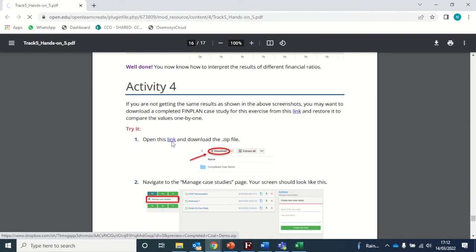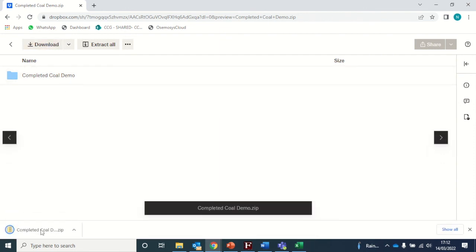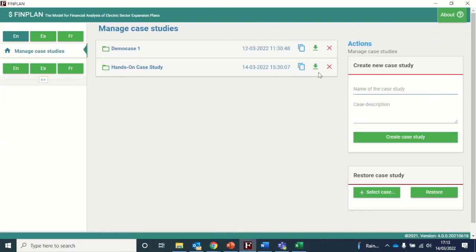So we will click on this link, which will take us to a Dropbox page, and we will click on this download button to download the completed coal demo file, and we will get it as a zip file, which you can see here. So in FINPLAN, we will click on Manage Case Studies, and in this corner here, you'll see Restore Case Study.